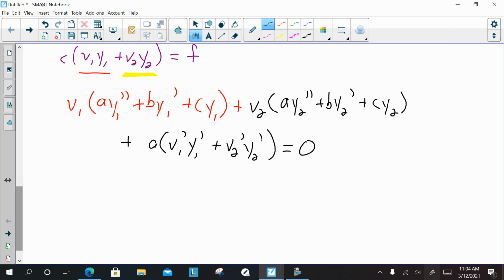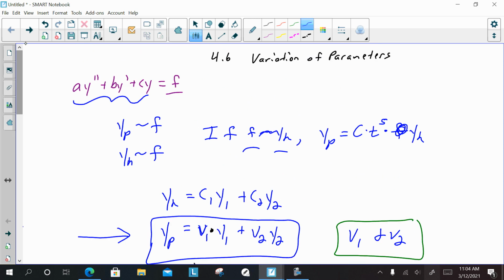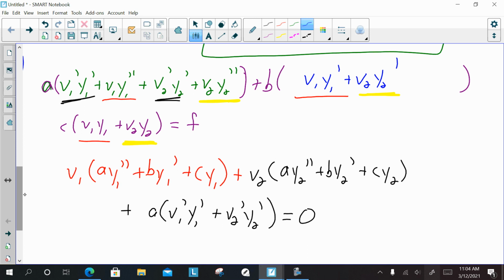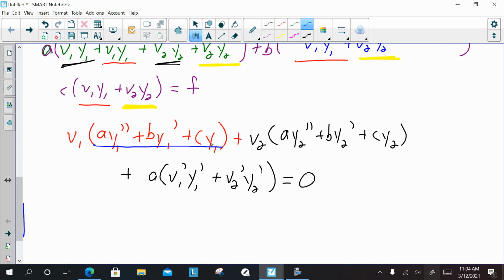So let's remember real quickly that Y1 is a solution to the homogeneous equation. So if we plug Y1 along with its derivatives into this, if Y1 is a solution to the homogeneous, that means when we add all that together, we get 0. So this, when we add that together, that makes 0. Same thing with Y2. If Y2 is a solution to the homogeneous, that means when we substitute Y2 and its derivatives into the left side, that should equal 0.